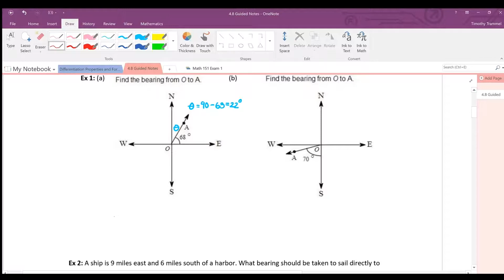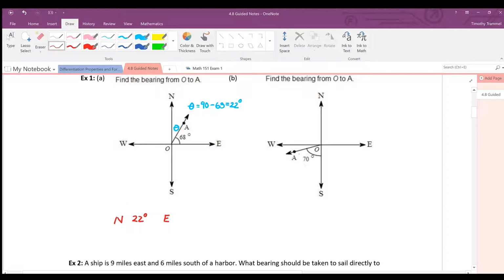So you could write in north, you could write in east, and all you're missing is the angle, the 22 degrees. The way this reads is north 22 degrees east. What it means is that the direction we're headed is measured 22 degrees off of that north line towards the east.